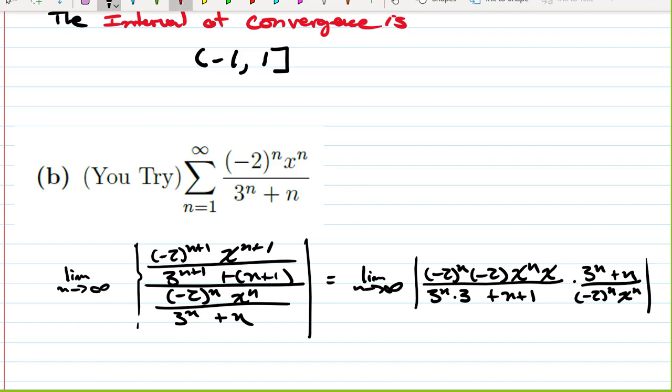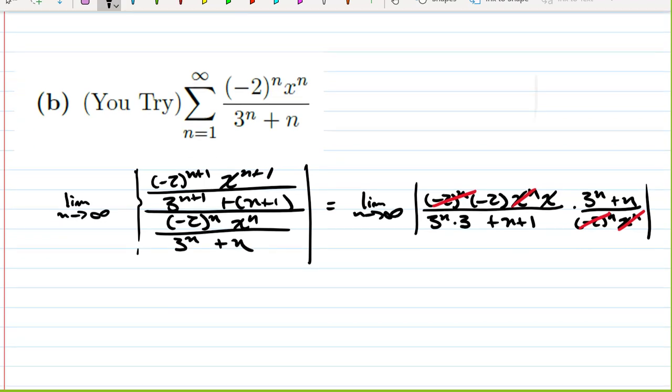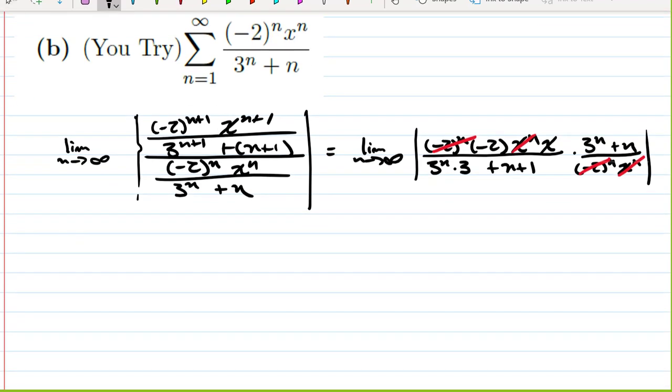And once again, a whole bunch of stuff reduces out: the negative 2 to the n, the negative 2 to the n, the x to the n, the x to the n. And let's rearrange some of these things.